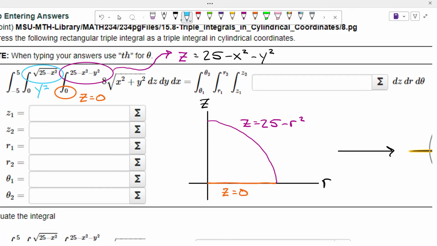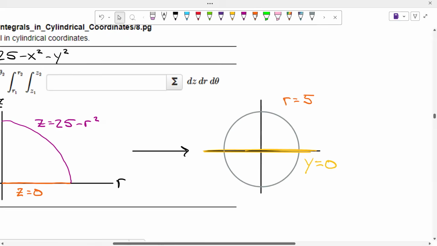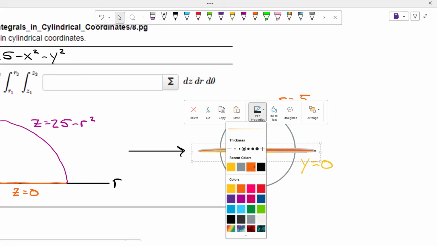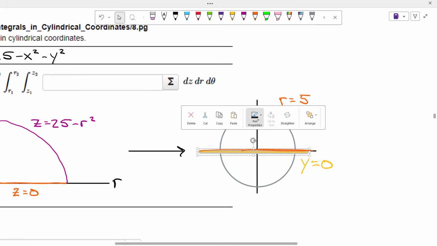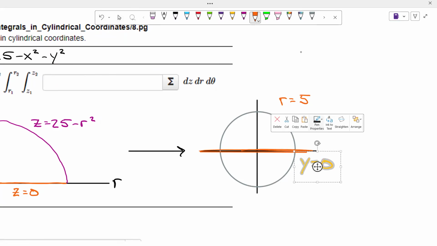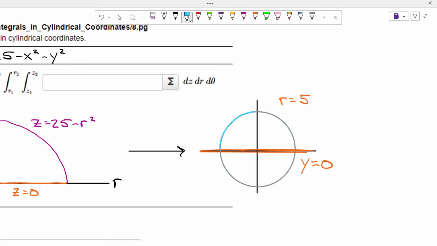It's going to be y equals that guy. And then also we'll have y equals 0. We can do that in orange as well. I mean, we can't possibly have blue and yellow mixed together over here. That's that guy right there. Blue across the top.